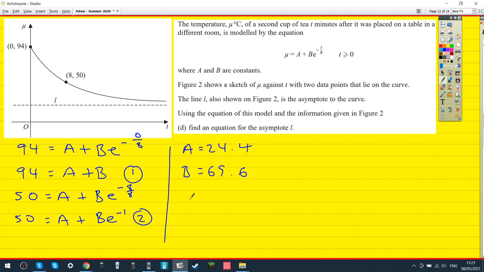And so, what do you do with those? You want to make an equation with it. Okay, what's the equation? U equals 24.4 plus 69.6 e to the power of minus t over 8. So we want the equation for the asymptote.